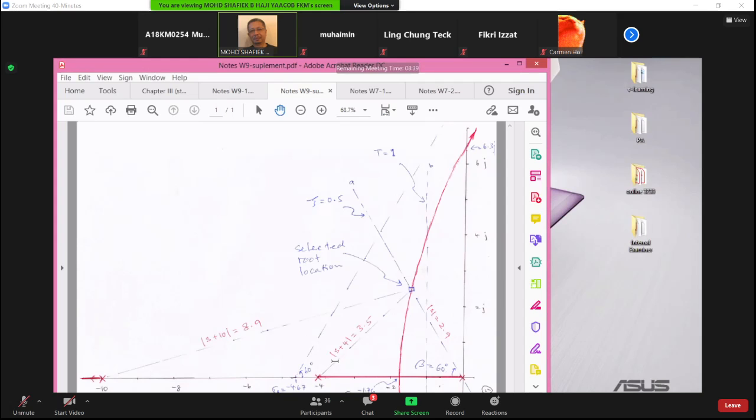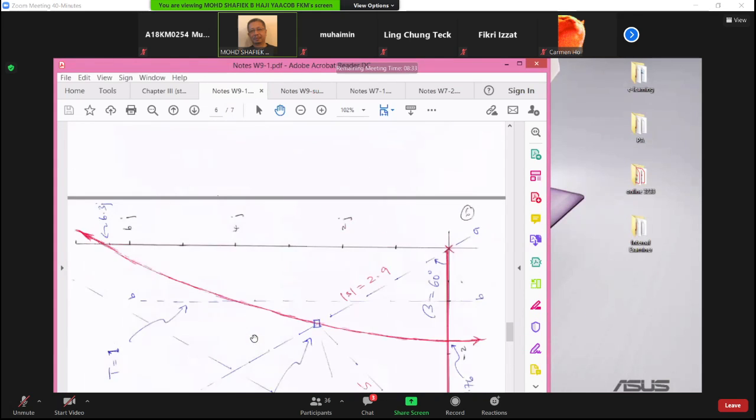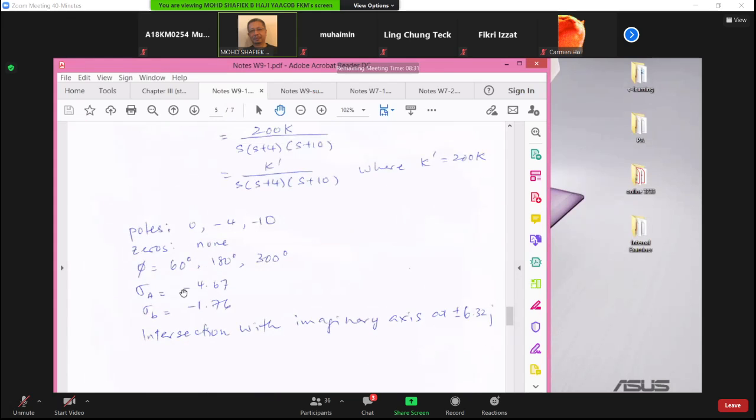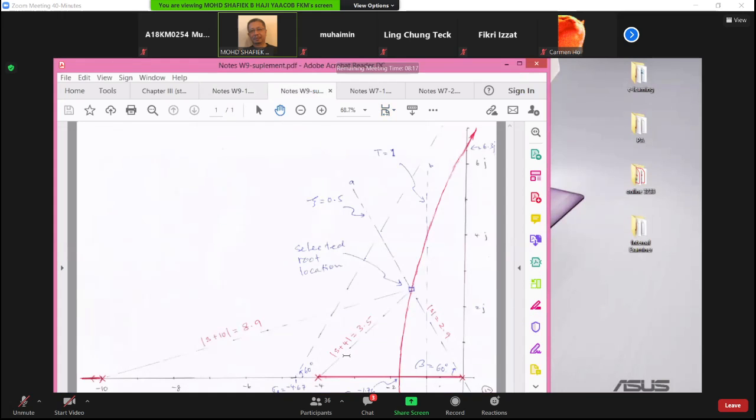If you compute all these values accurately enough, the intersection of asymptotes, the breakaway point, the intersection with the imaginary axis, your drawing is going to be quite accurate.